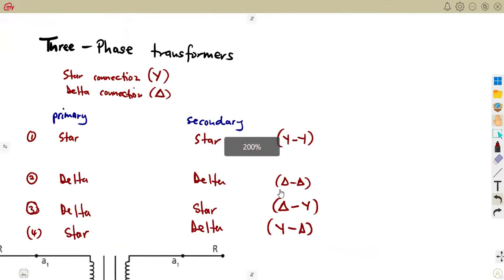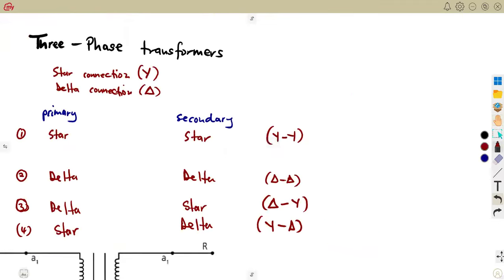So with these connections that we have, we now need to understand that all given voltages are line voltages unless otherwise stated. When you're dealing with three-phase, voltages will be for the three-phase.